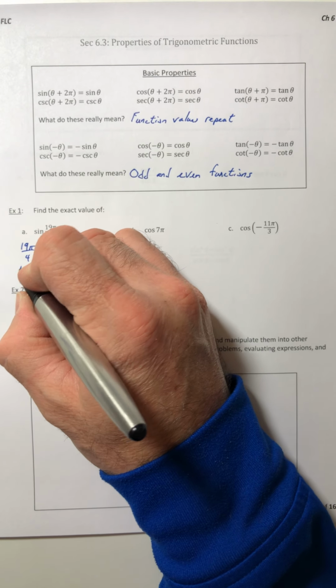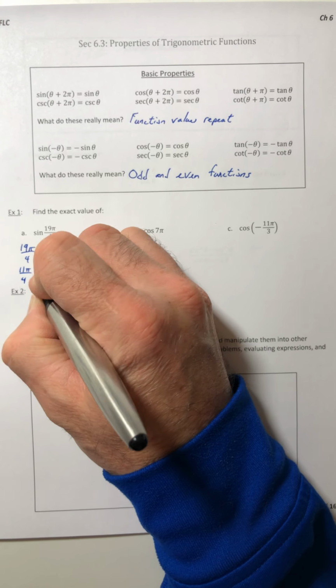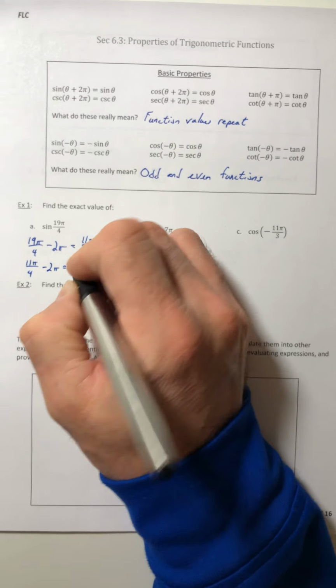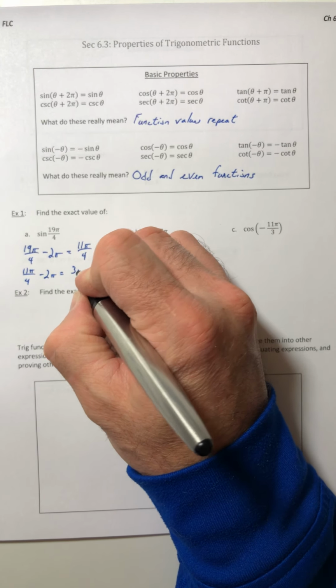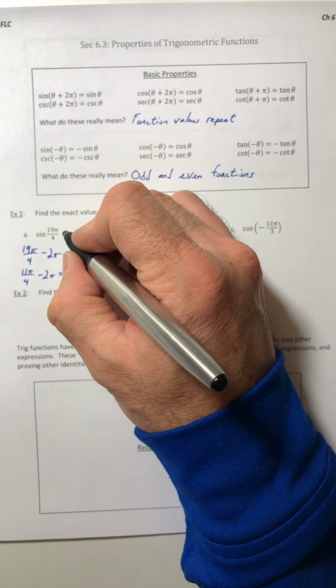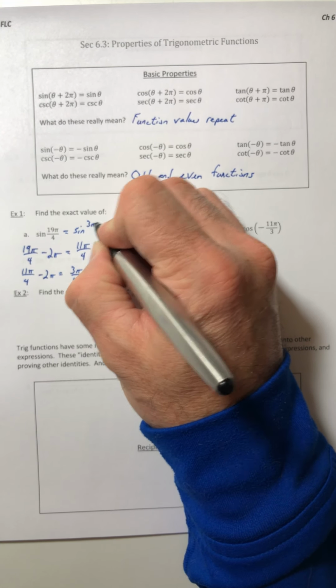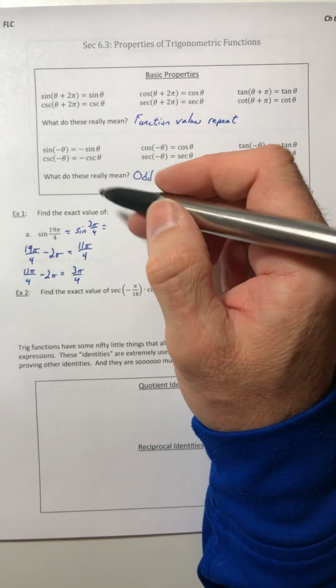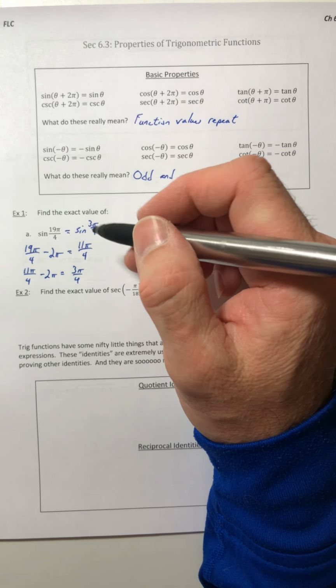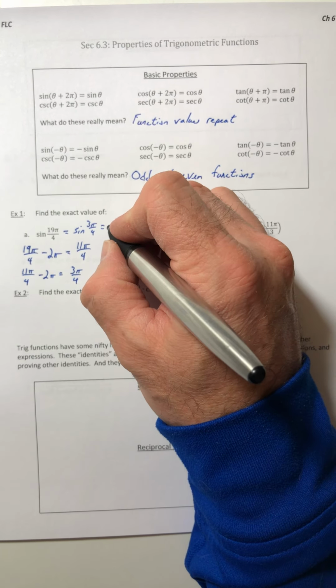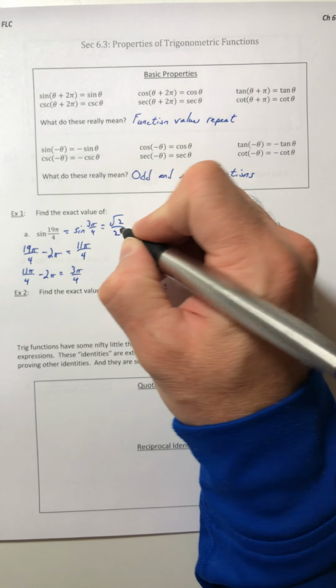If you subtract it again, that would be 3 pi over 4. So that's the angle that we're really trying to evaluate, sine of 3 pi over 4. So whether you use the unit circle or SOHCAHTOA or whatever you do, it would come out as root 2 over 2.